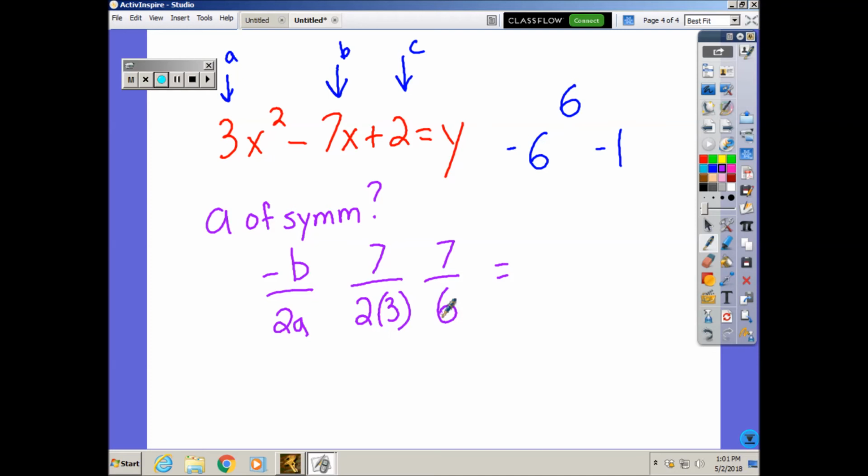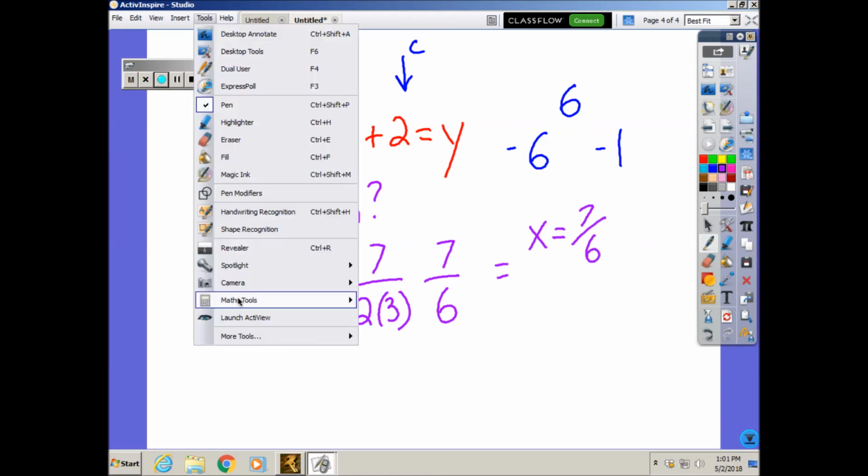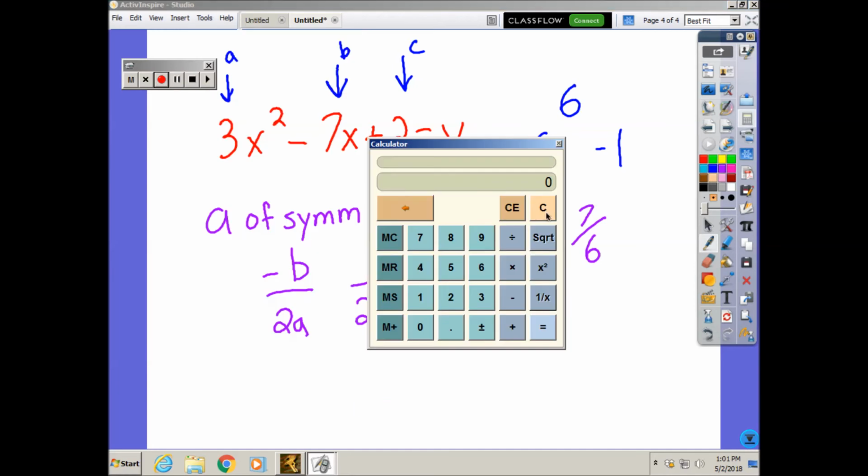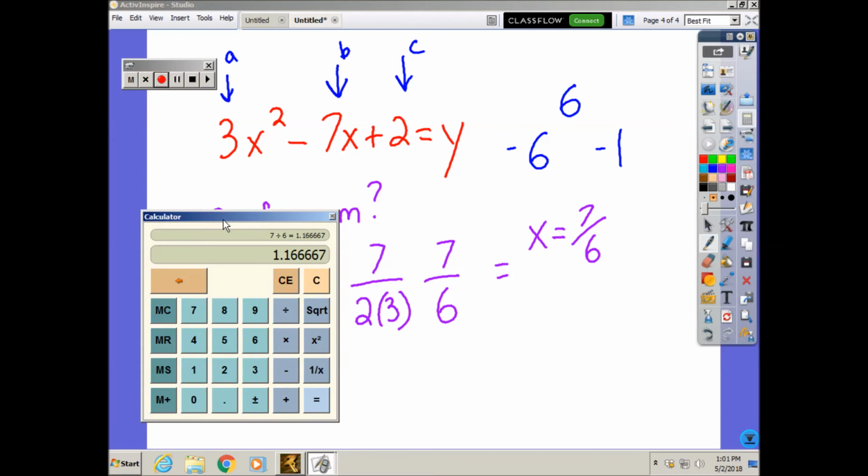So my axis of symmetry is a line. It's x equals 7/6. If I get out my calculator and I do 7 divided by 6, I get 1.166666 with a bar. I will take either of those.